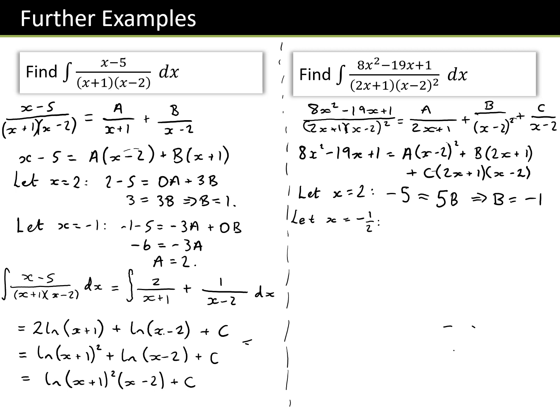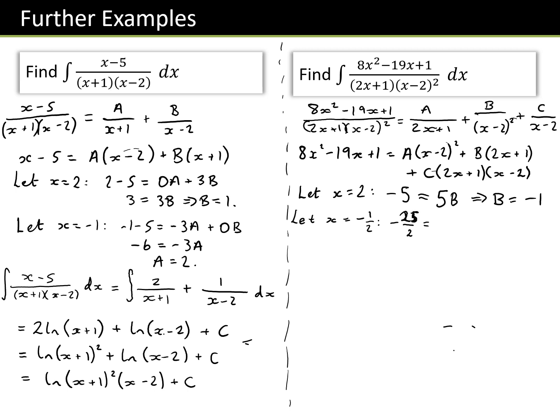So I'm going to grab the calculator again. 8 lots of minus a half squared minus 19 lots of minus a half plus 1 equals, oh, I've made a mistake there, I just realised. This is actually 25 over 2.